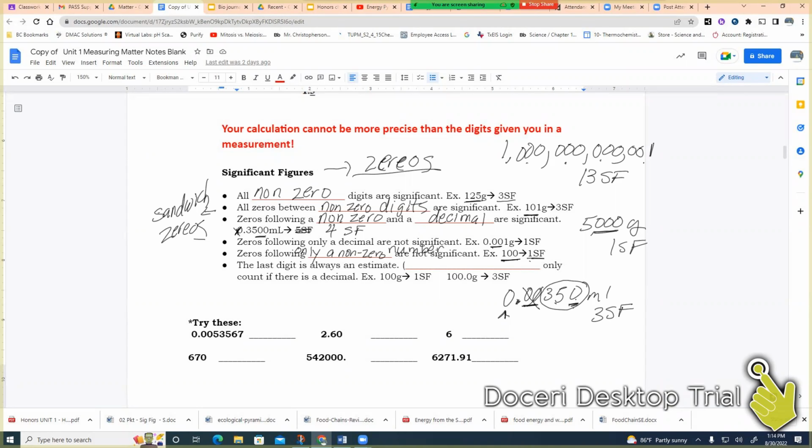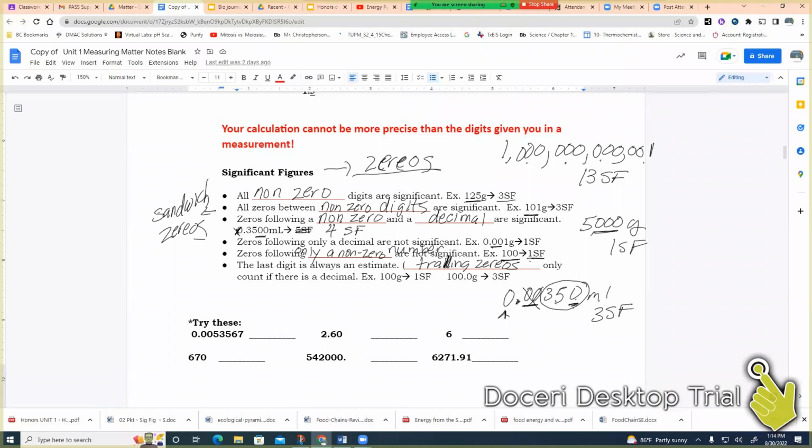All right. Then the last one, the last digit is always an estimate. I mentioned that earlier. And trailing zeros only count if there is a decimal. So once again, that 100 without a decimal is 1 sig fig.